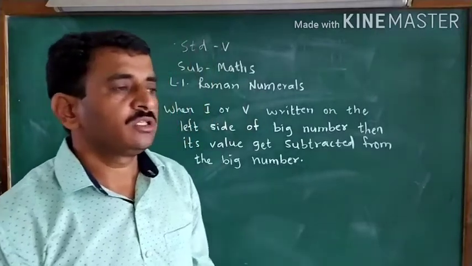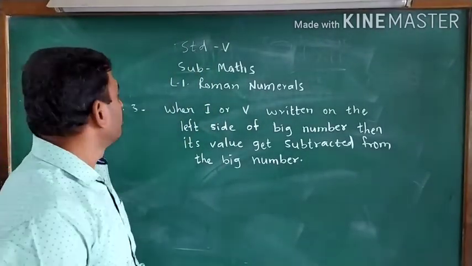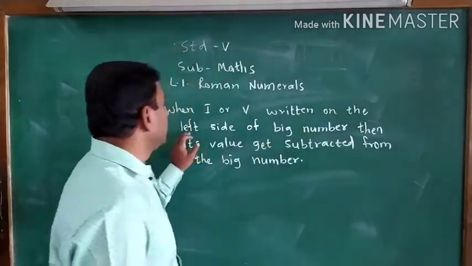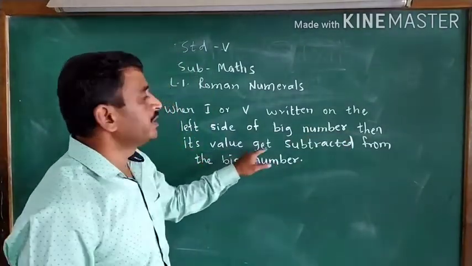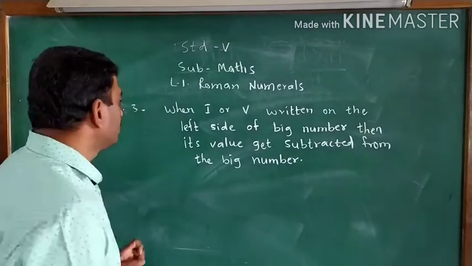Now we are going to see rule number 3. Rule number 3 says when I or X is written on the left side of a bigger number, then its value gets subtracted from the big number. We take one example.